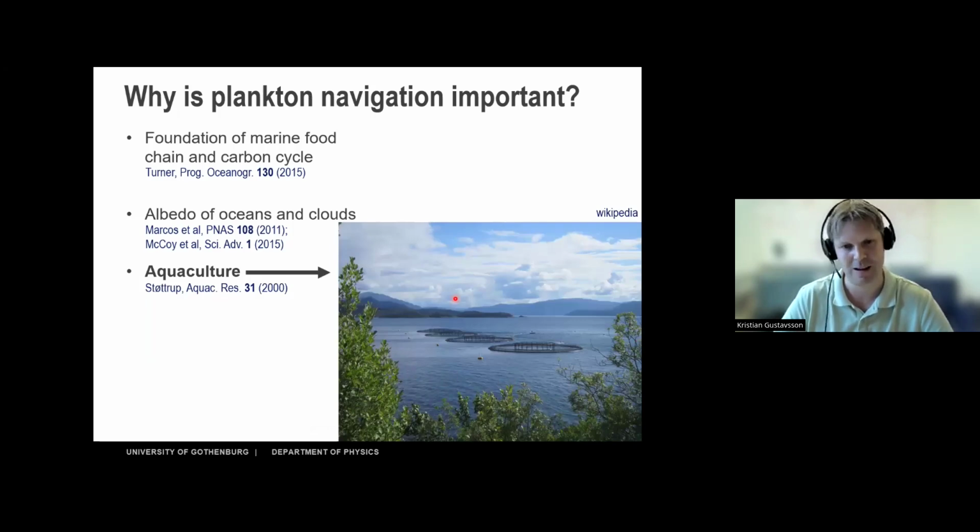Another example of why plankton navigation is important is in aquaculture. Many fish larvae prefer certain species of plankton, or they need certain species of zooplankton in order to get the right fatty acids to grow in the best way. If you try to feed them artificially, many of the fish larvae get defects and deformations.